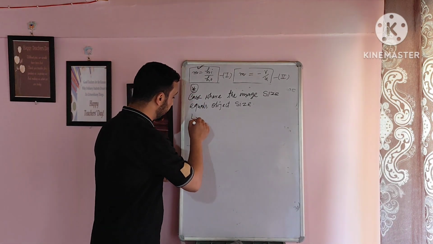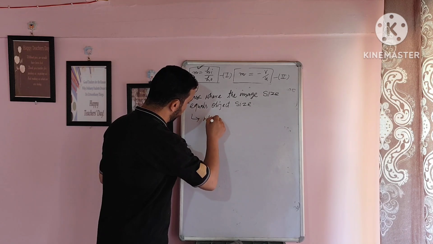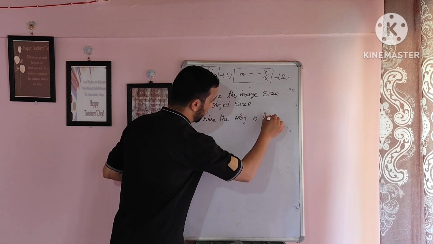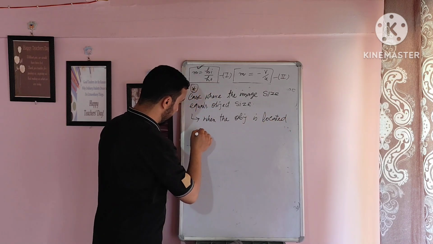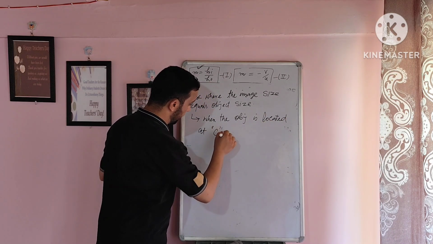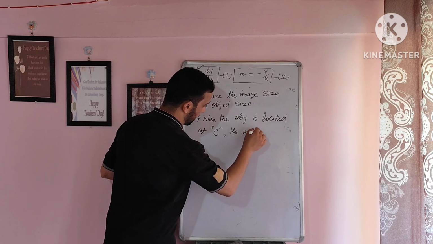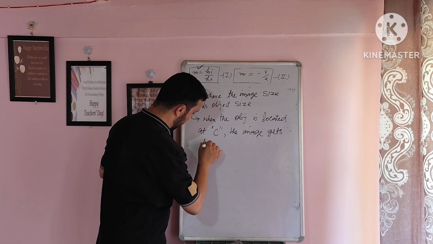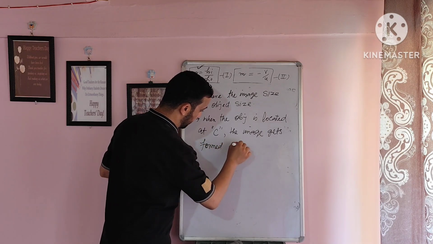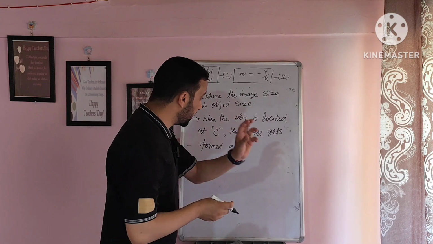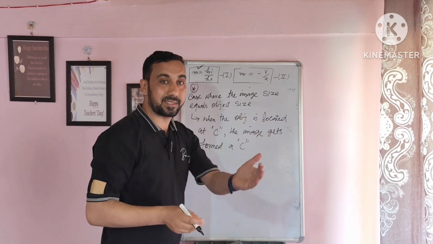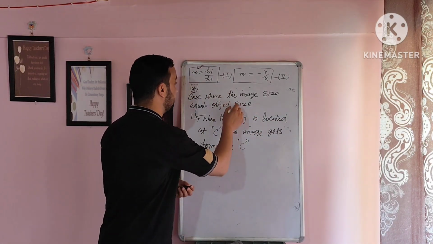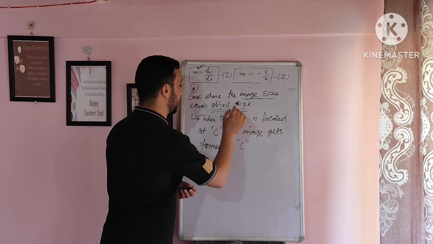The case is when the object is located at C, the image gets formed at C. That means in concave mirror, when you locate the object at C, the image gets formed at C, and in that case the image size equals the object size.